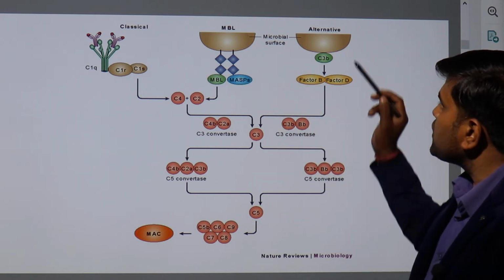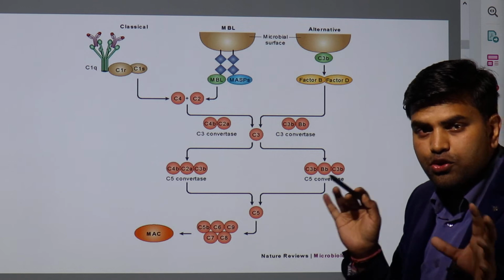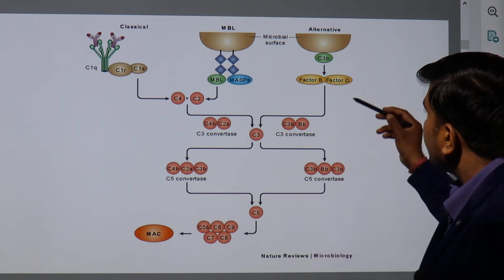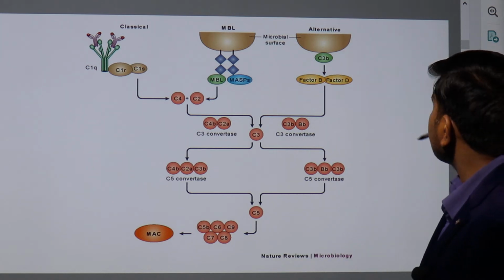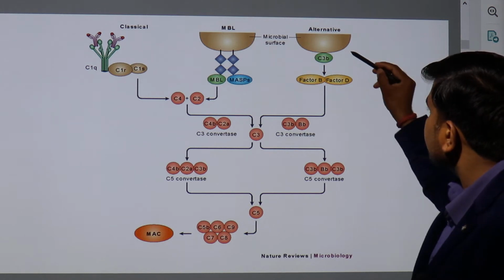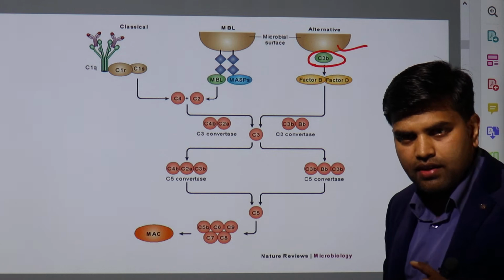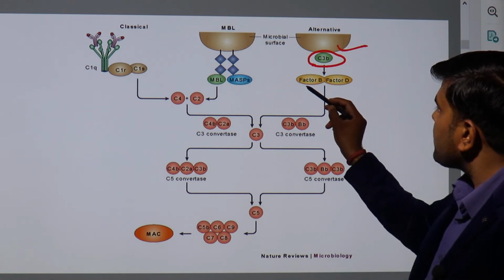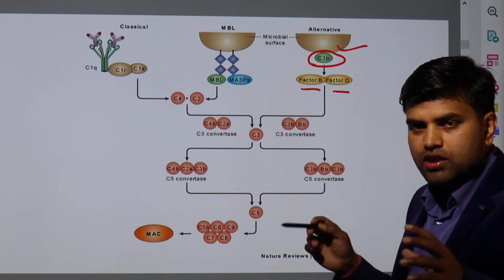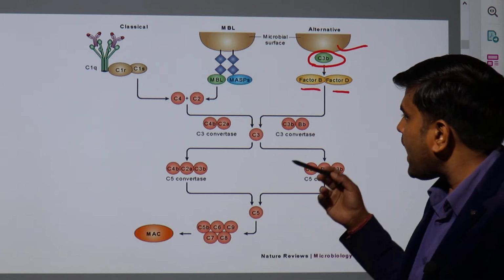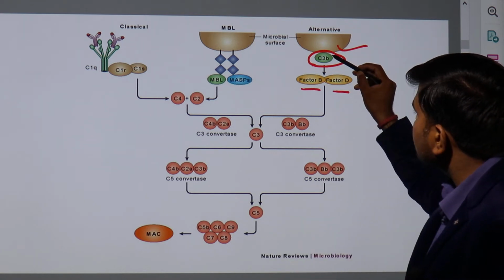There is another pathway which is called the alternative pathway. This also does not require antibody to get activated. Actually, this is the microbial surface, okay, bacterial surface where this C3b goes and gets attached. After attaching, there are certain factors like factor B and factor D which come and help this to get activated.